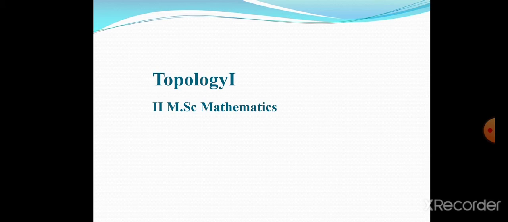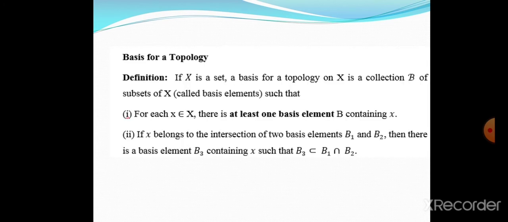The second property is the union of the elements of any subcollection of tau is in tau. The third property is the intersection of the elements of any finite subcollection of tau is in tau. If these three properties are satisfied, then it is called a topological space.